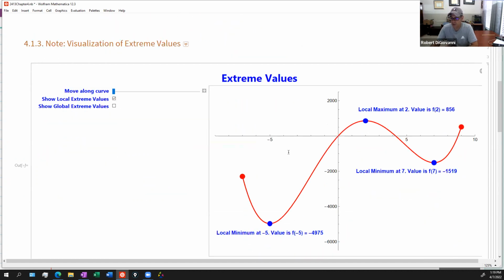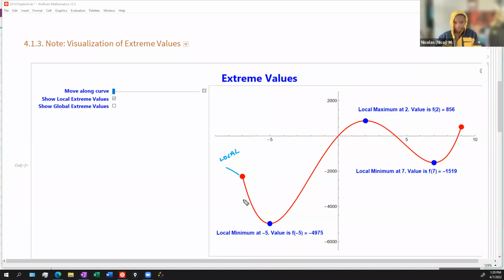So I do need to include here that this right here would be a local, what do you think? Local max or min? Is that the lowest point in this little area or is it the highest? Maximum. Highest, right? Because you would compare it to the points around it, and the only points around it are the points right down here. Those are all below it, so that would be a local max.